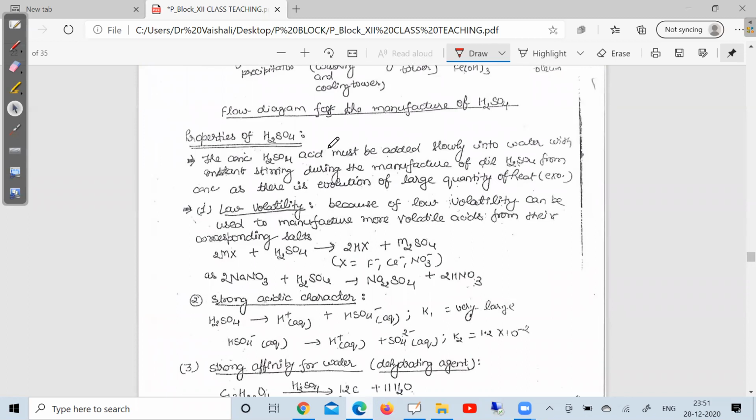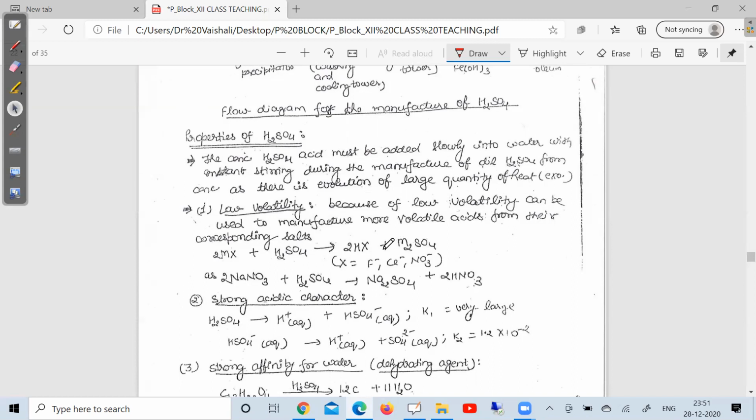Now, the properties of sulfuric acid. All of you know what the chemical properties of sulfuric acid are. First chemical property is it is low volatile. Sulfuric acid is a non-fuming acid. And due to low volatility, any fuming acid can be prepared using sulfuric acid.